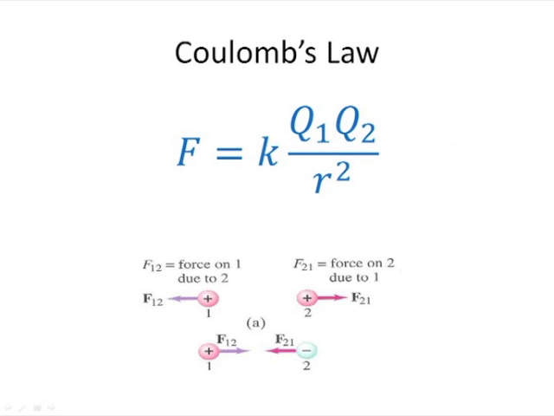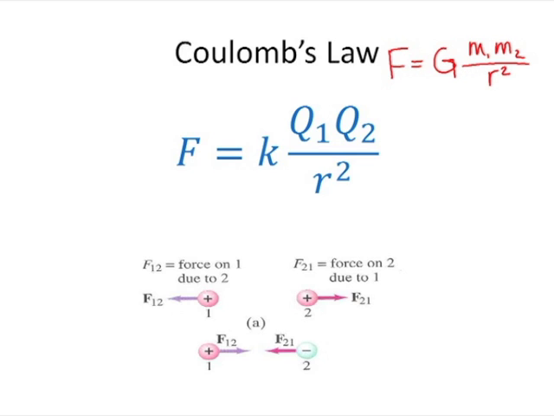So put together, Coulomb's law is that force equals K times Q1 Q2 divided by r squared. This should look familiar to Newton's law of gravitation, where the force of gravity equals a gravitational constant times m1 m2 divided by r squared.